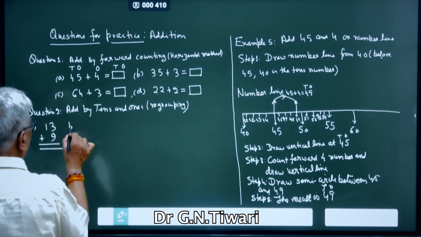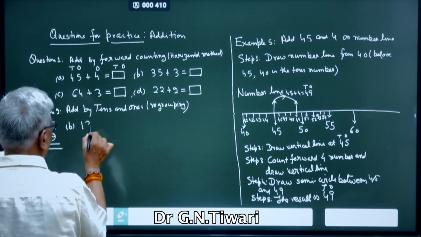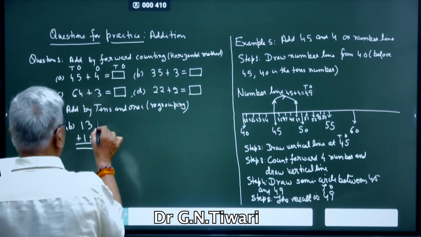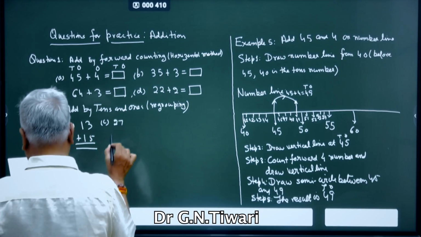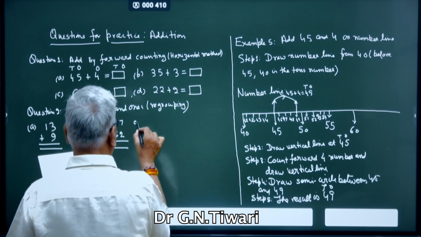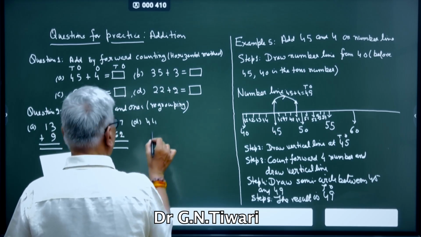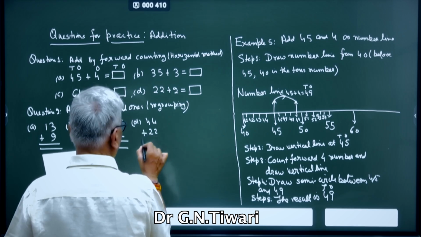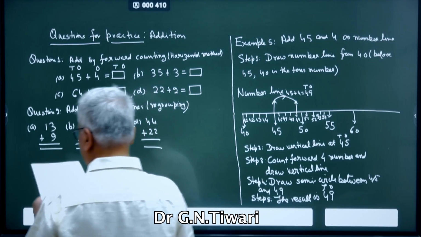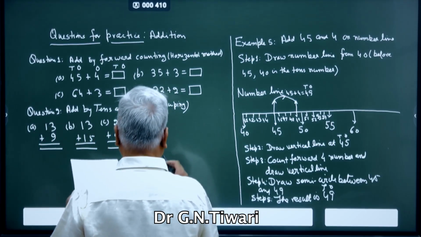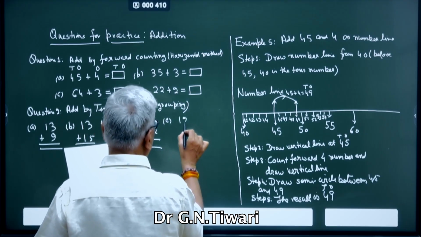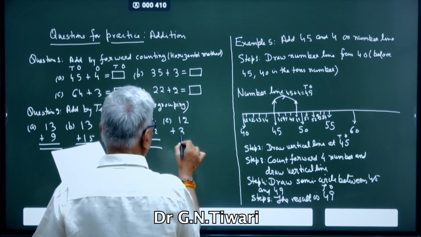B: 13 plus 15. C: 27 plus 62. D: 44 plus 22. Then E: 12 plus 31.